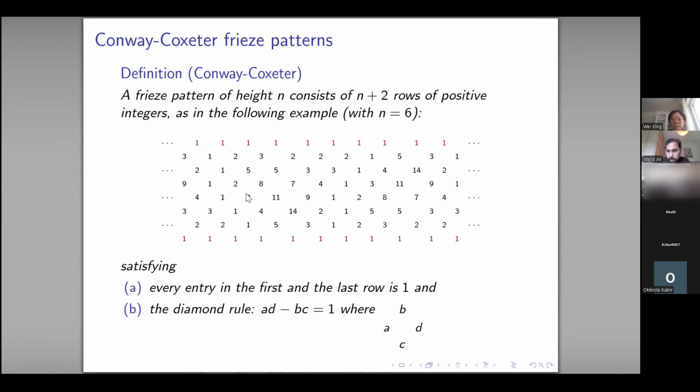We call the number of rows with non-trivial entries the height of the Frieze pattern. In this example, the height is 6, because we can see 1, 2, 3, 4, 5, 6 non-trivial rows.